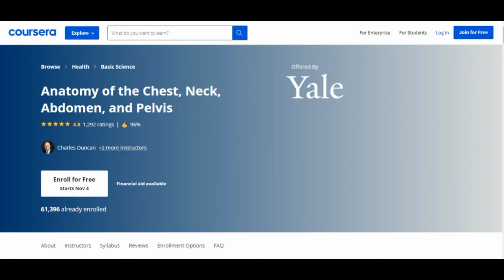The next is from Yale University. That is anatomy of the chest, neck, abdomen and pelvis, and this is also from Coursera. The best part about this course is the dissection videos, because we're talking about the whole trunk area: chest, neck, abdomen and pelvis. In this portion the dissections are really important. Upper limb and lower limb everybody does, and head and neck is really tough, but when you come to the trunk part, things become really complicated.